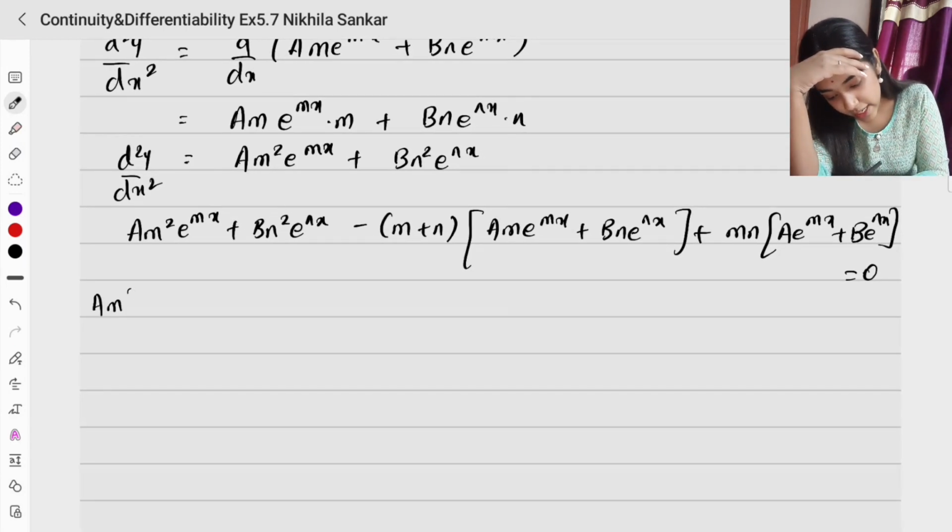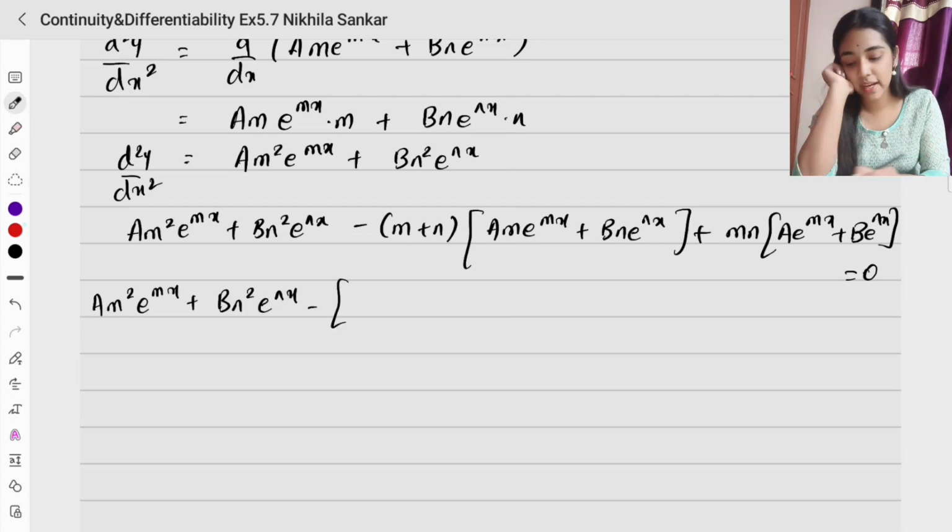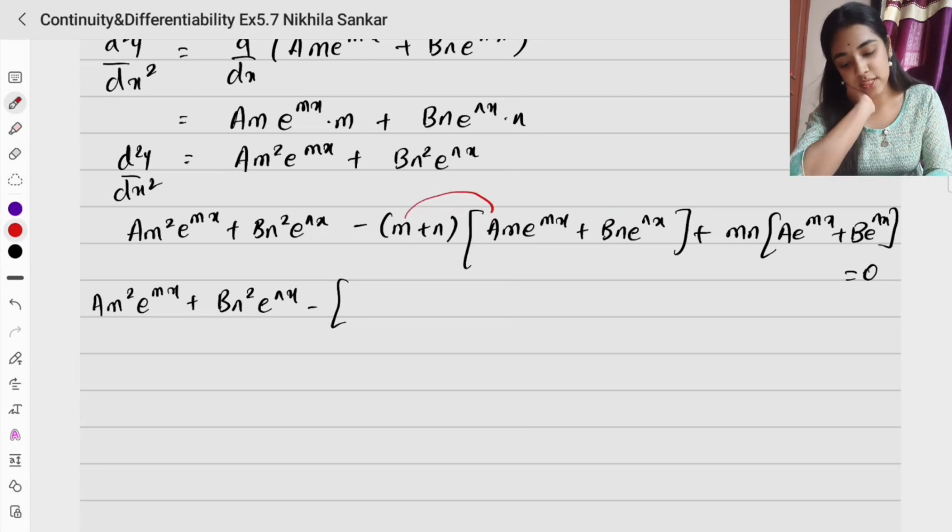Now I'm going to multiply the terms inside. So I'll have a m square e to the mx plus b n square e to the nx minus, I'll open a bracket, I'm going to multiply the m plus n inside. So first m and the m, then n and the n. I'm going to multiply this term.